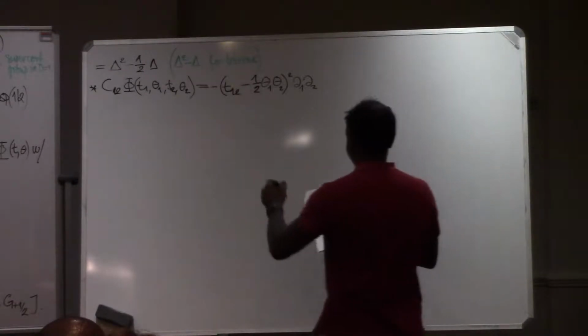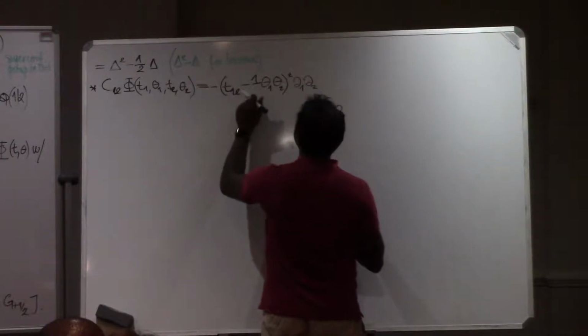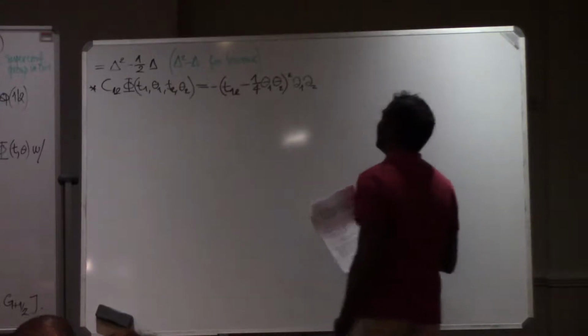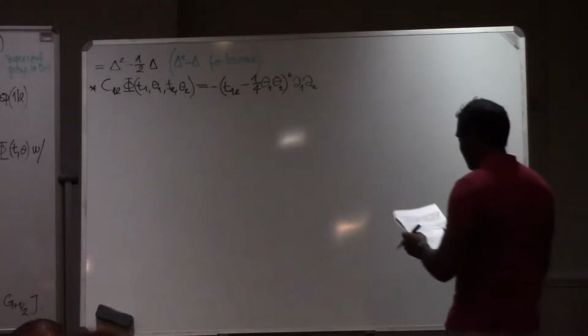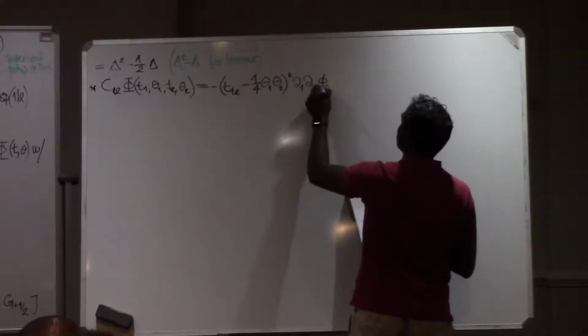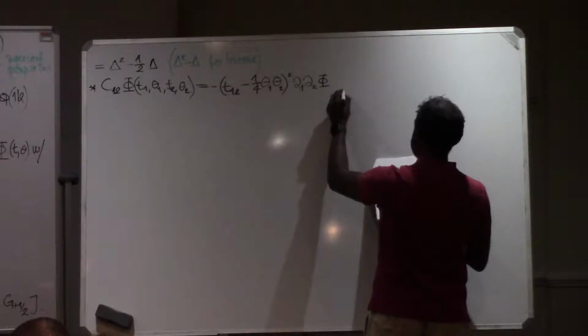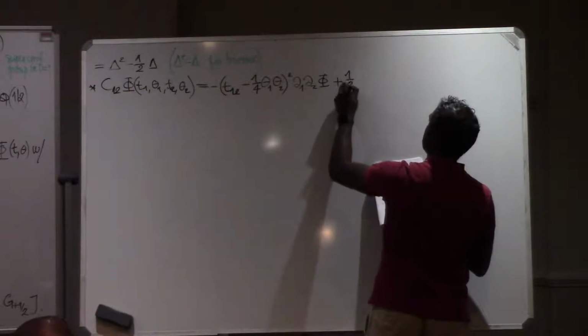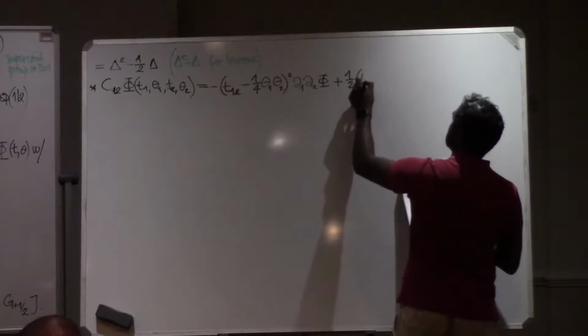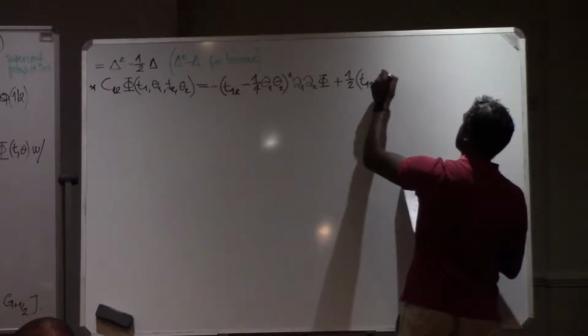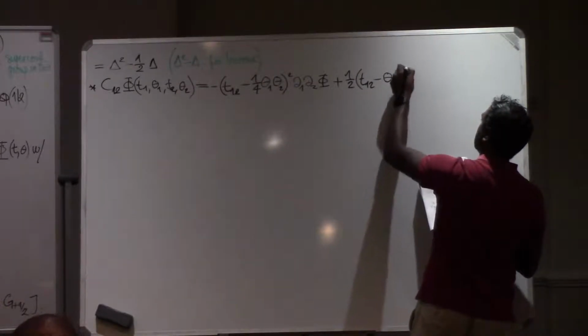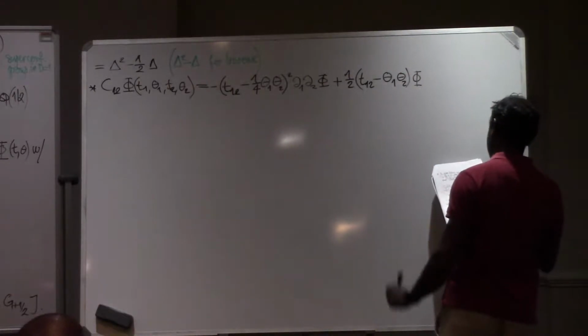Oh yeah, sorry. 1/4. Phi plus half T12 minus T12 phi.